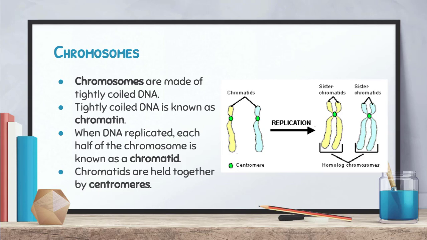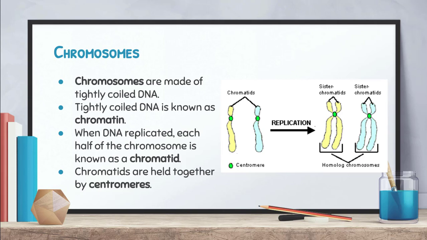Now, those chromatids are held together by centromeres. Centromeres are proteins. They're the little green dots that you see on the image, and those hold the sister chromatids together. What's going to happen to those post-replication chromosomes is they're going to be pulled apart during the process of mitosis. The whole goal here is to replicate the amount of genetic information so that when mitosis happens, each cell gets a copy of the chromosome.